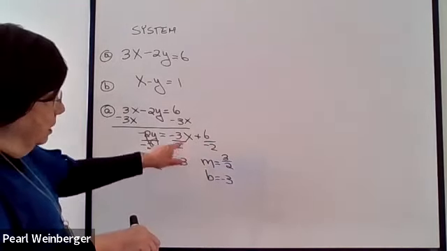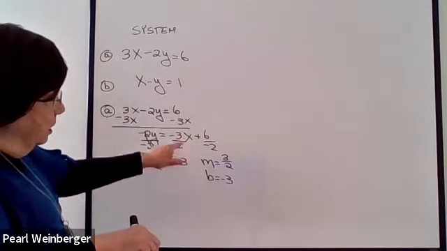You could either write it as an ordered pair, because that will mean that the first number is the x and the second number is the y, or you could write separately what you think the x and the y is equal to. But this is how we would solve a system of equations.